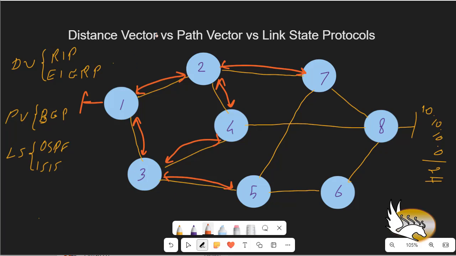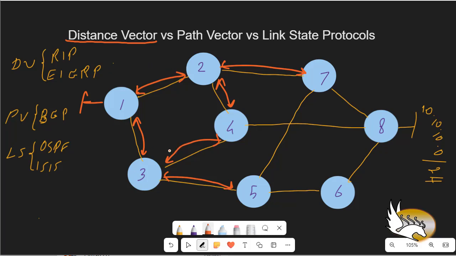So, distance vector protocols know about their neighbors, except RIP, of course, and they know how to calculate the metric to the destination based on the information that they have received from their neighboring router. That is the most important part.